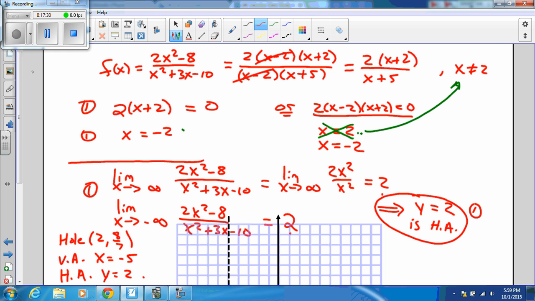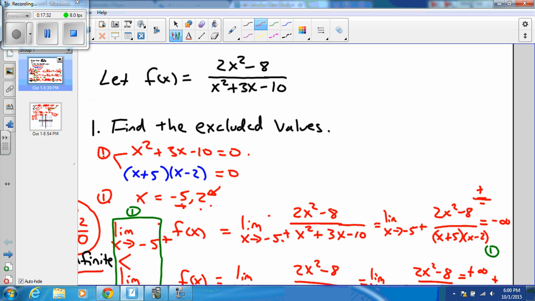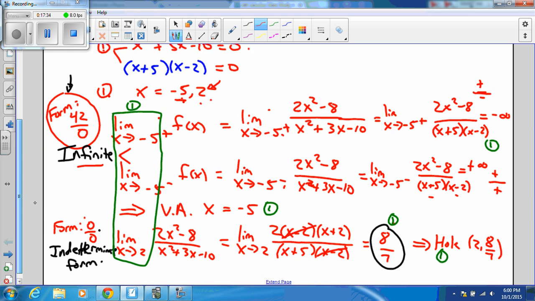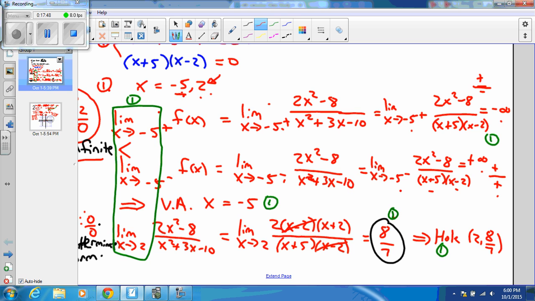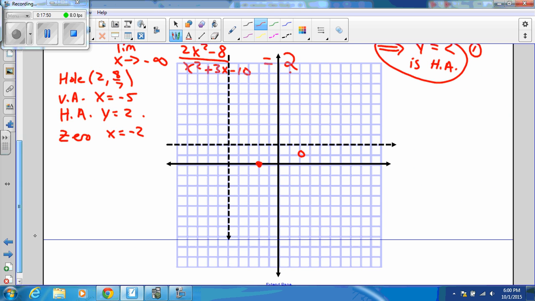And now we're going to make sure that my function goes in the right direction around the vertical asymptotes. As x goes to -5 from the right, my function should go down to -infinity. From the left, up to positive infinity.